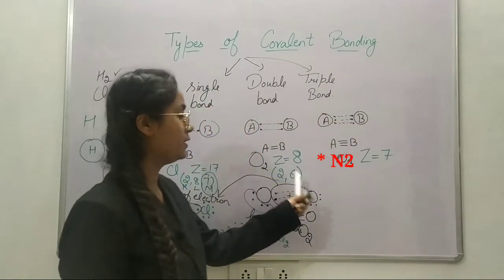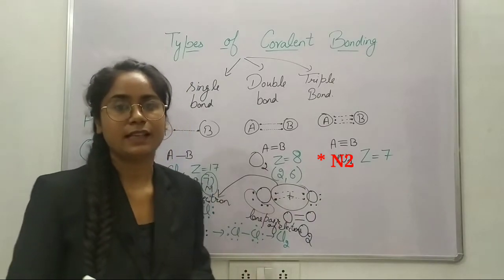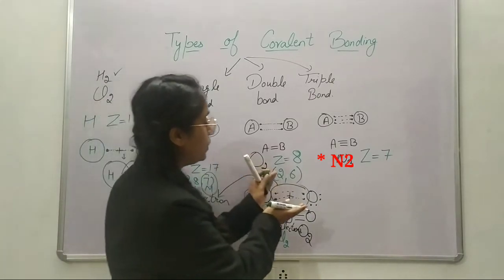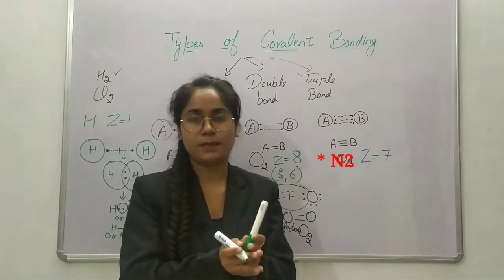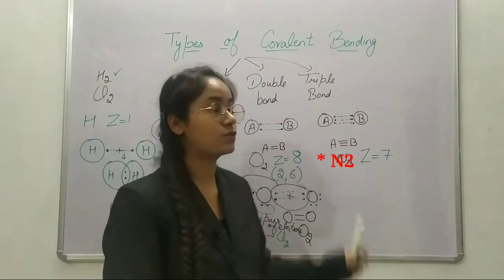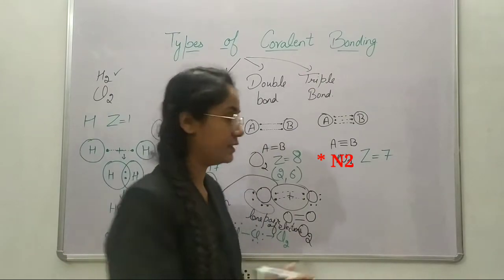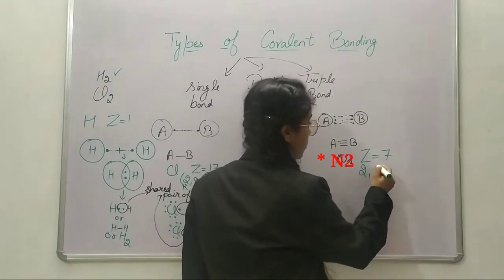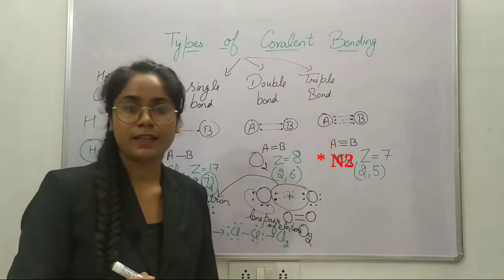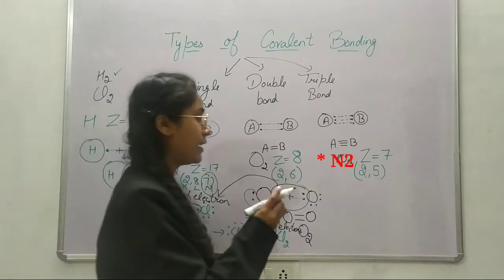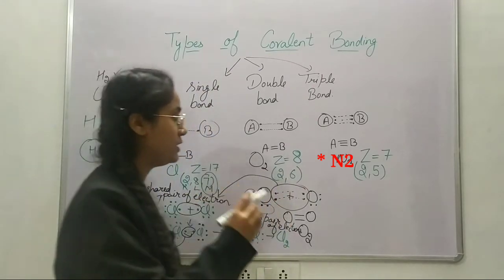It is 1 less than oxygen. If oxygen needed 2 electrons to attain the noble gas configuration, how many electrons does nitrogen need? According to its electronic configuration, it needs 3 electrons. So it is clear, 3 pairs of electrons would be shared.